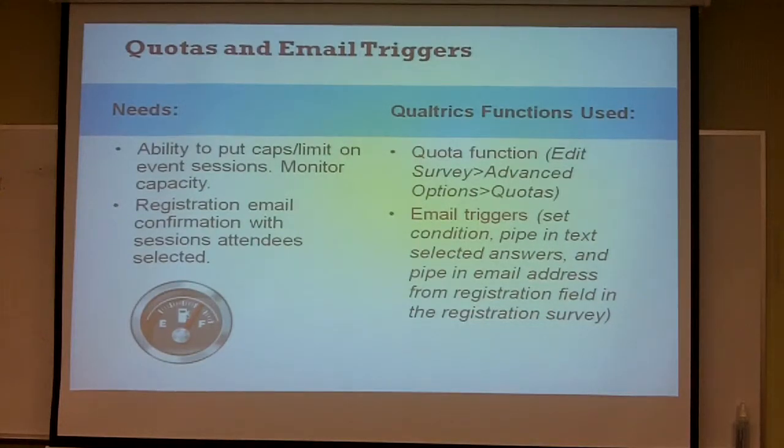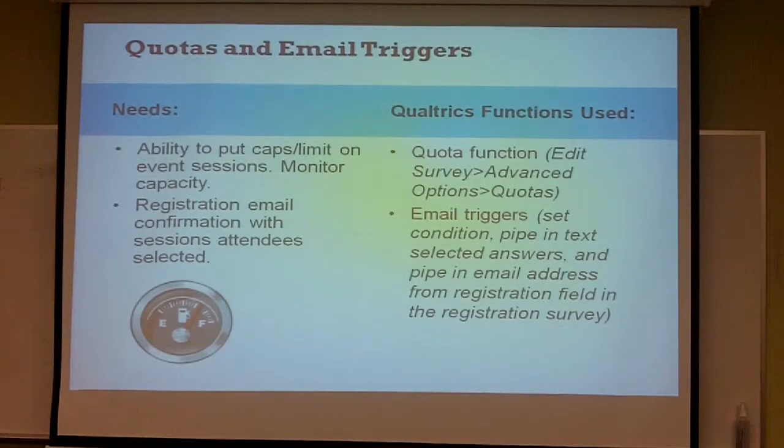But I also wanted to meet the need of people registering, because there were so many sessions to choose from, and the event was about a month and a half later. I needed a way to send a confirmation email to people who had registered with the sessions they signed up for, which is going to be different for everybody.